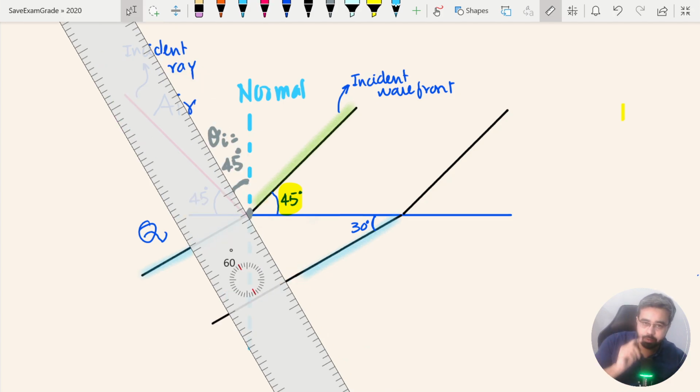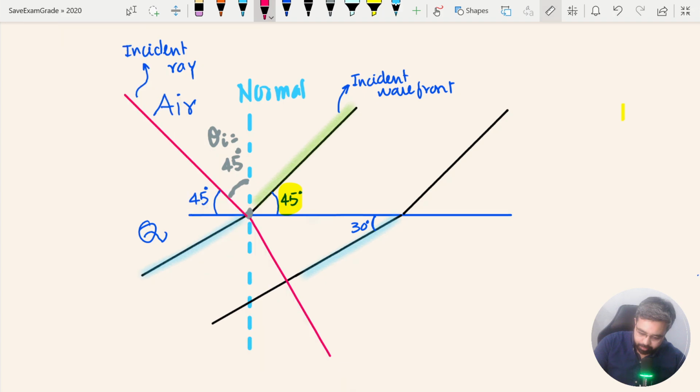The line that I'm drawing right now is the refracted ray, which is perpendicular to the refracted wavefront, and you see clearly that this angle is 90, this angle is 30 degrees. So 90, 30, and then this angle must be 60 degrees in order to make the total angle 180.